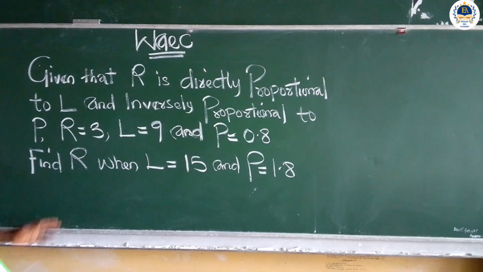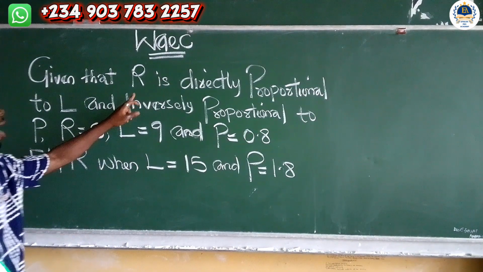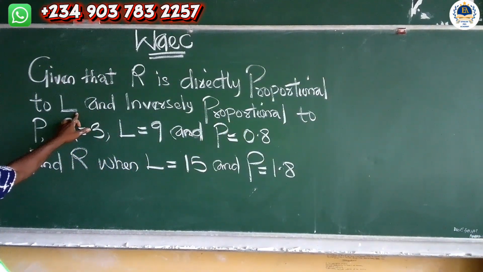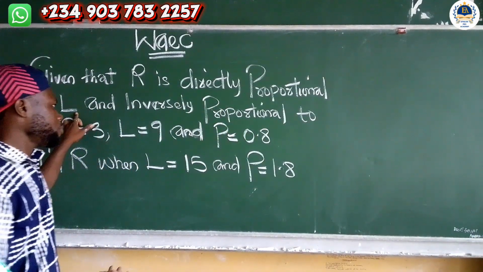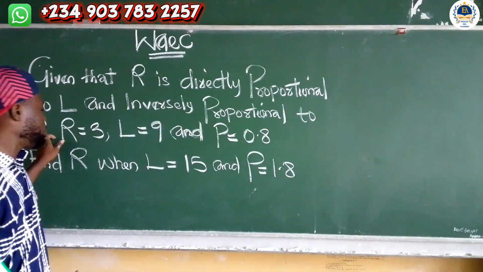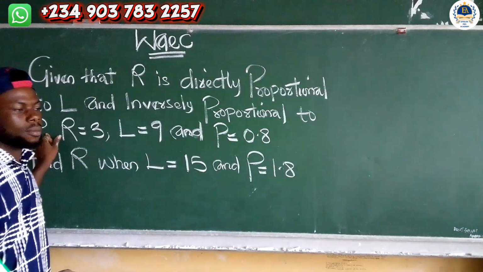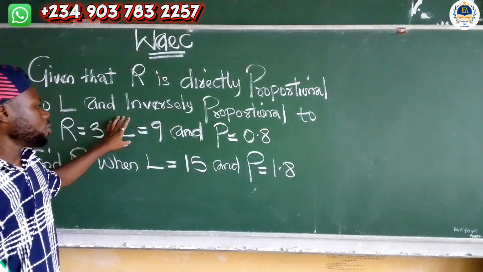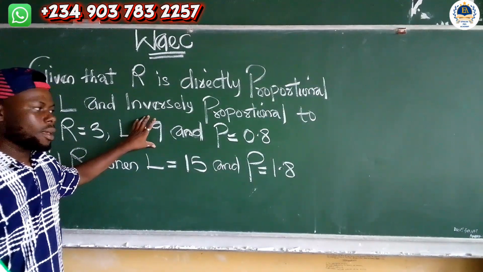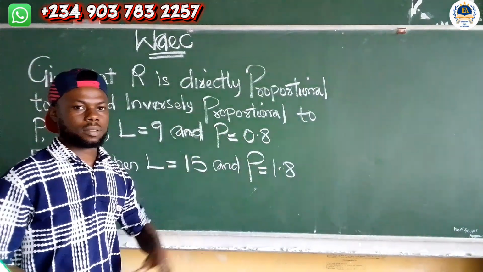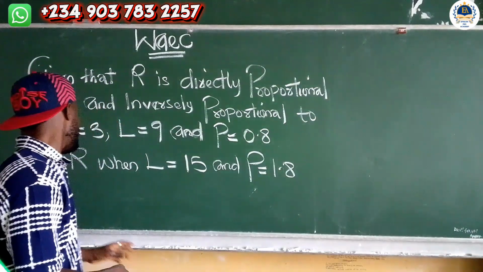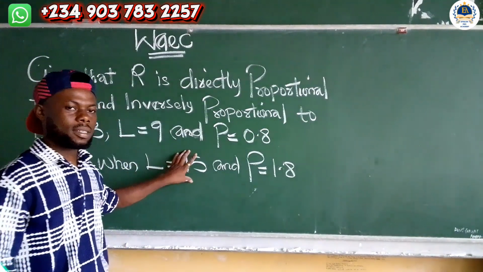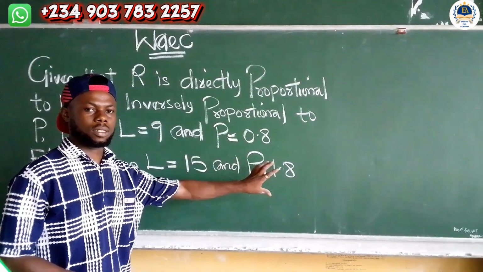Now the question is, given that R is directly proportional to L and inversely proportional to P, R is equal to 3 when L is equal to 9 and P equal to 0.8. Find R when L is this and P is equal to this.